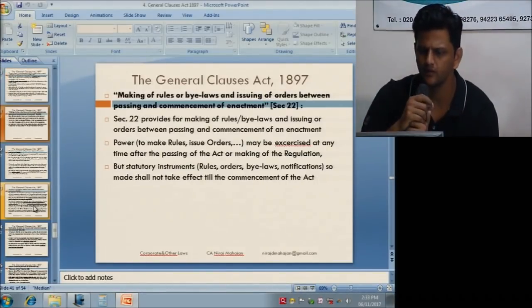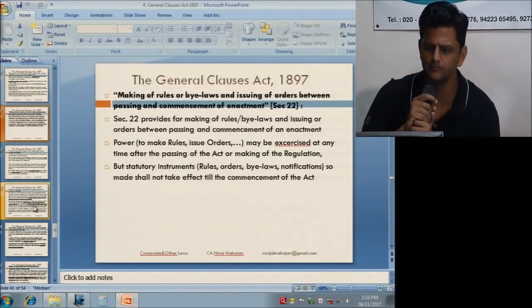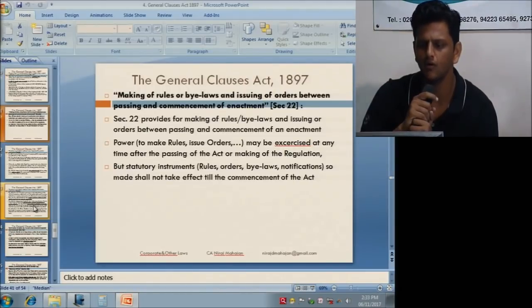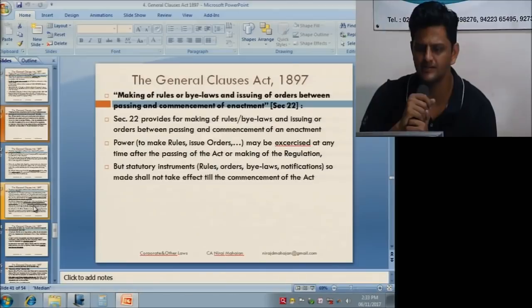Got this? So, making of rules or bylaws and issuing of orders between passing and commencement of an act. Section 22 provides for this. Power to make rules and issue orders may be exercised at any time after the passing of the act, but statutory instruments like rules and orders so made shall not take effect until commencement of the act.